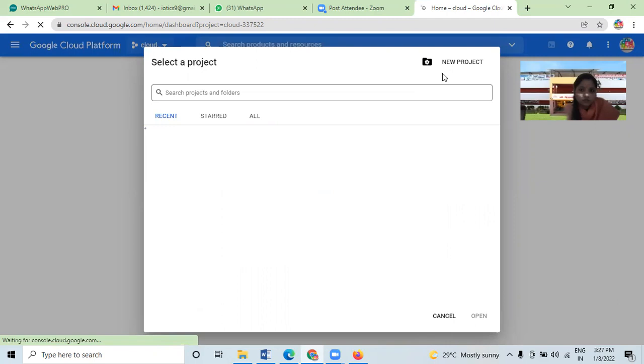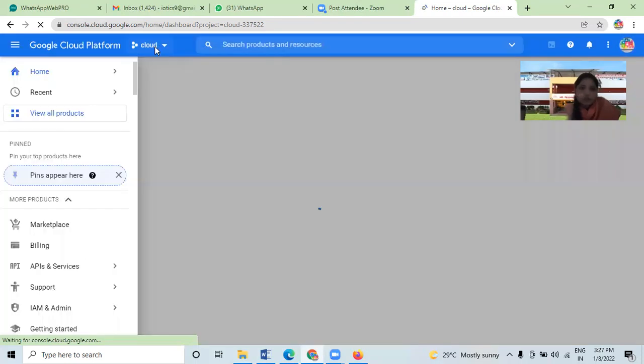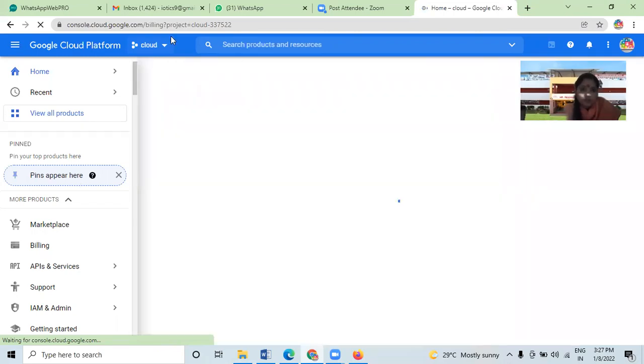So here you can see we got the new project option. So we can click on the new project option, and after that we are able to go to home. We are able to make a project. Okay, so here billing is there, network connectivity.